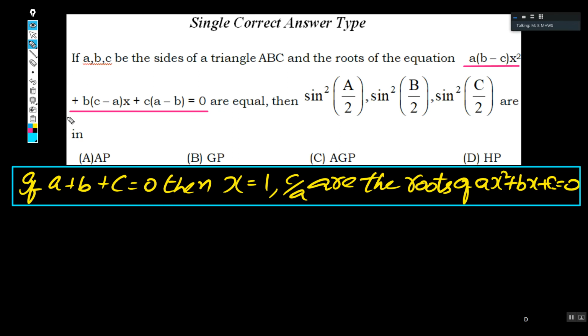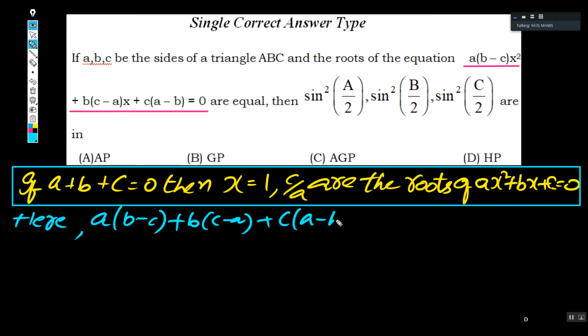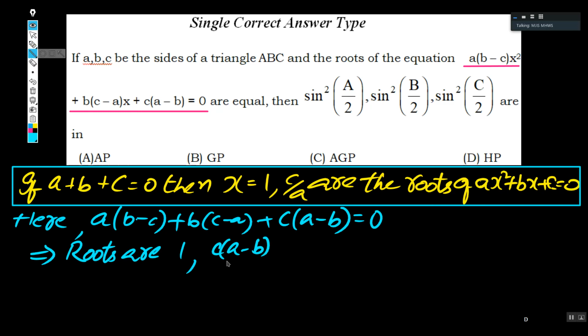Here a into b minus c plus b into c minus a plus c into a minus b is equal to 0, which implies the roots are 1 comma c into a minus b divided by a into b minus c.